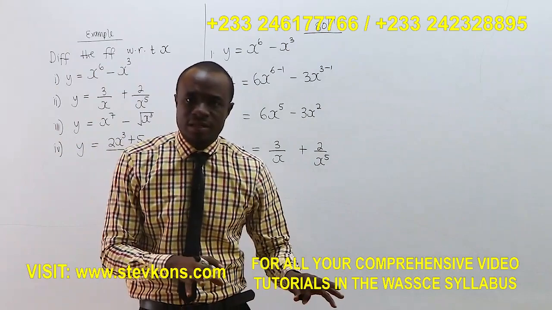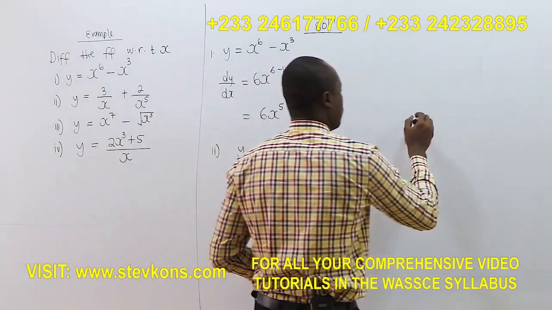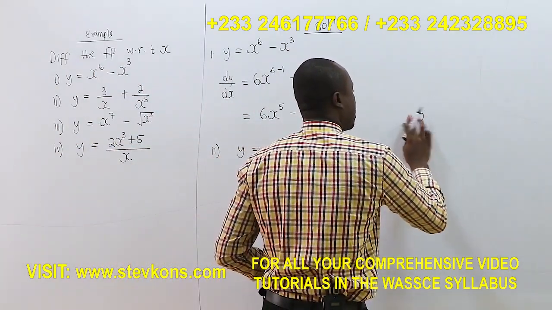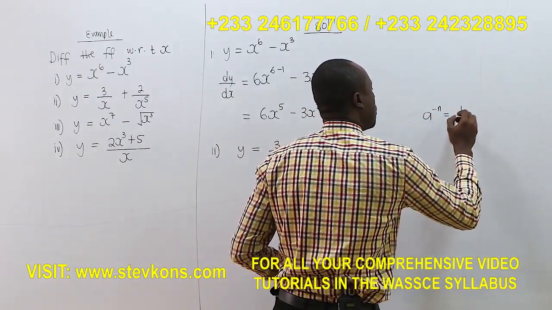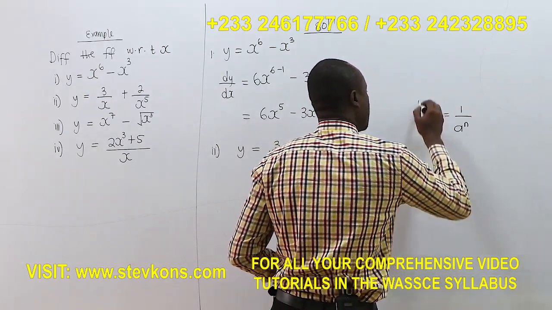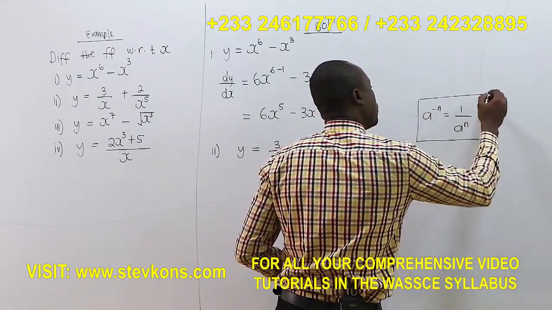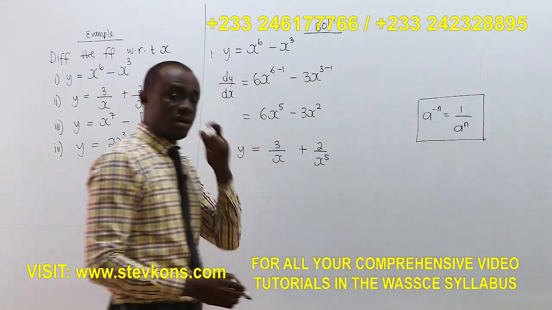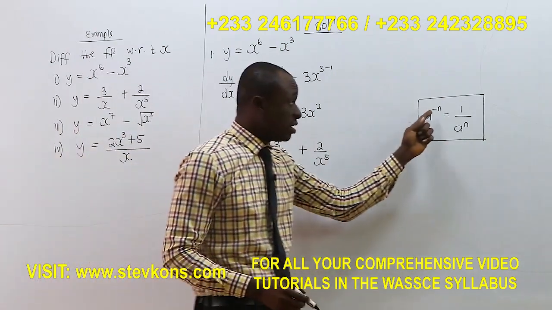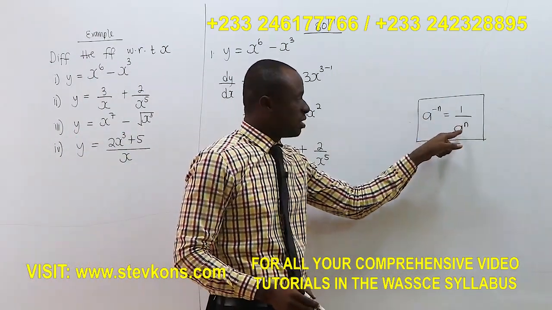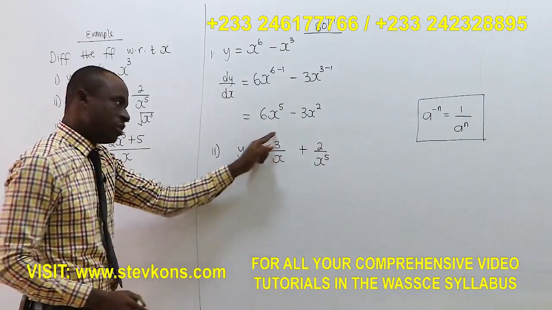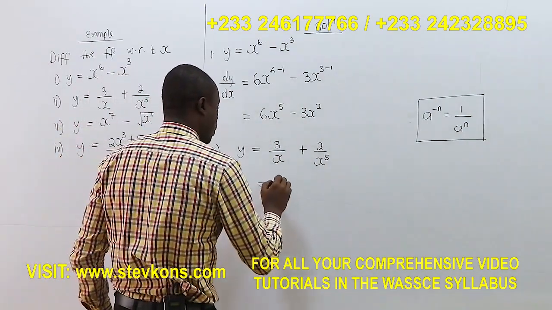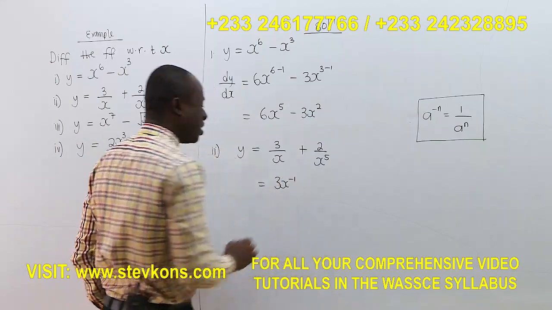Now we know from indices, a to the power negative n is 1 over a^n. So when this goes up, we get the negative. When it goes up, it's going to be 3x^(-1).